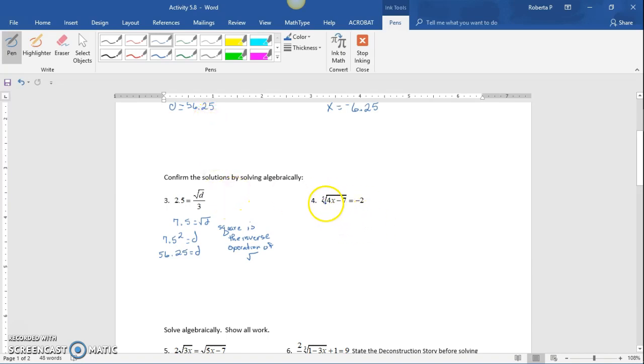Here we have the fifth root, and that's equal to a number. In order to get rid of the fifth root, we raise to the fifth power.